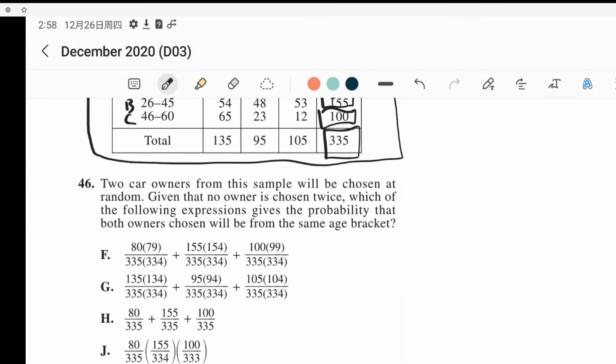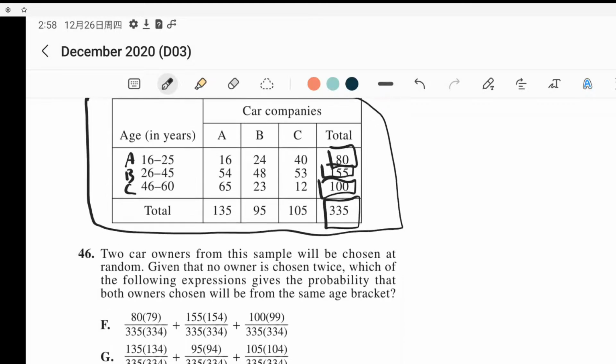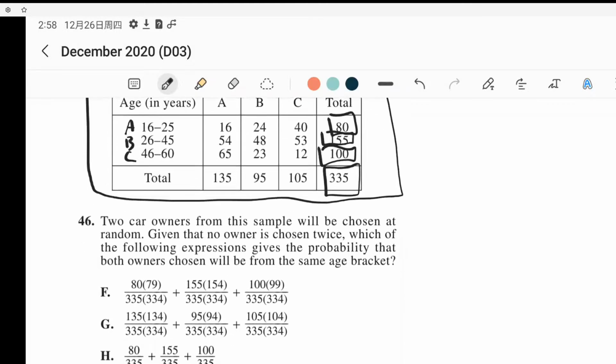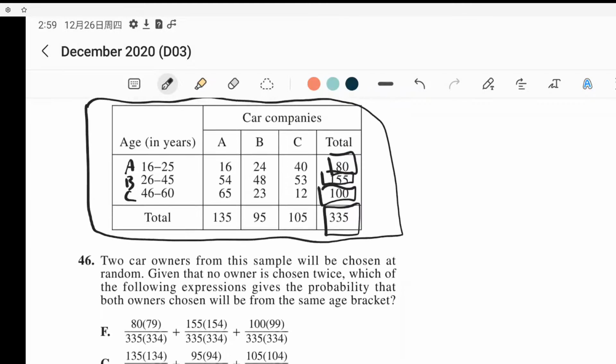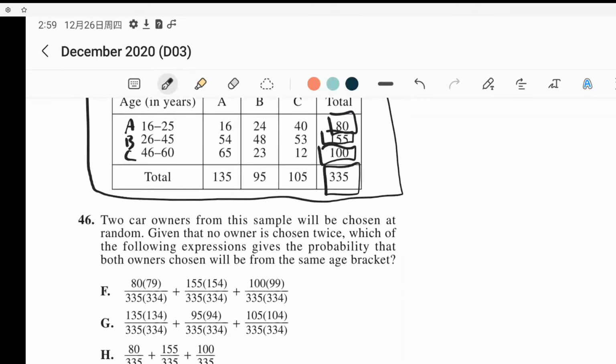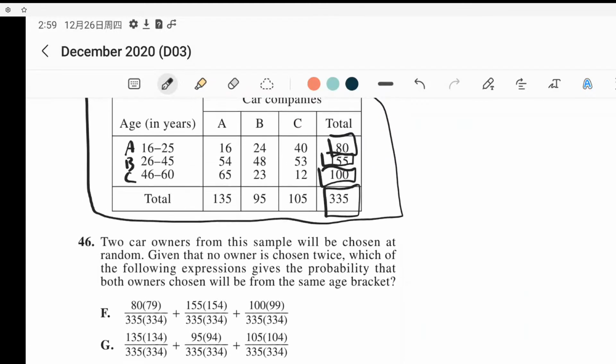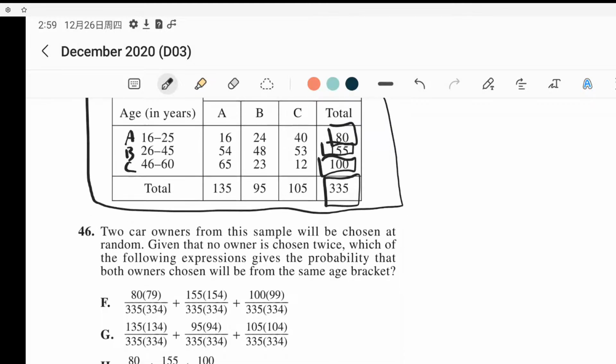Considering this, we should have F, which this expression does not really make sense because it has a lot of unexpected outcomes for this problem, because we consider if we chose one from each, it should be F.